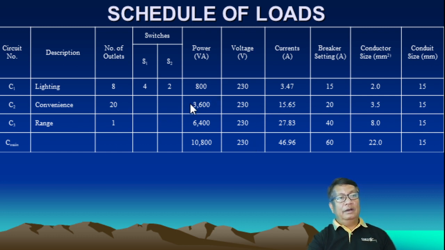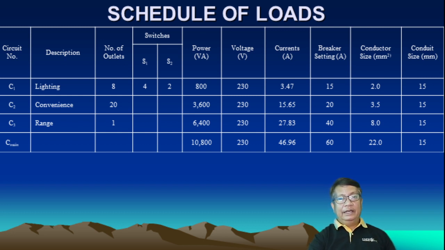For this convenience outlet, if you can recall, we counted that in our convenience outlet layout. We said that we have 10, but all these 10 convenience outlets are duplex. So that is why we have 10 times 2, because that is duplex. So we have these 20 outlets.